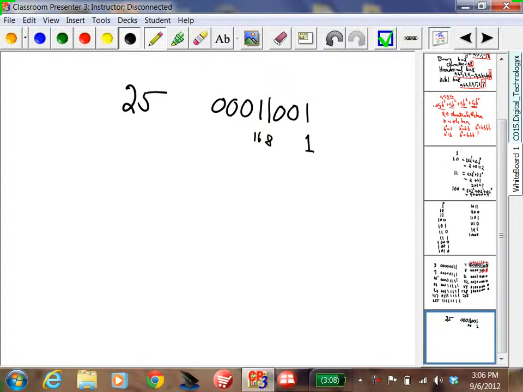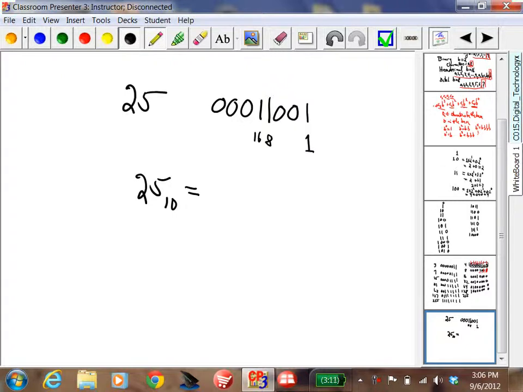Now let's do a further one. Sometimes we do write this: 25 to the base 10 equals, and sometimes we leave the leading zeros out just between us humans. Now computers never leave the leading zeros out.